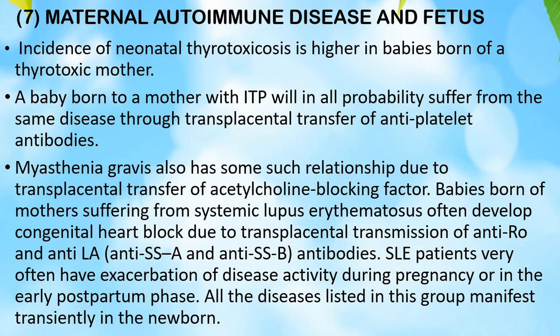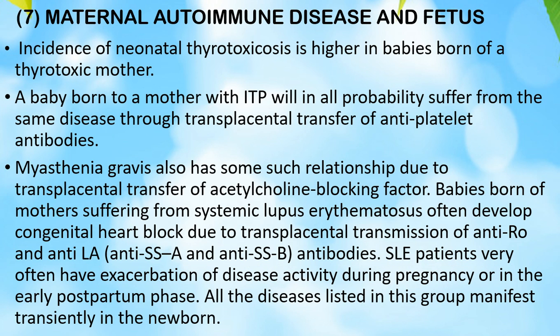Next, myasthenia gravis also has a similar relationship due to the transplacental transfer. If the mother has myasthenia gravis, it can also be transferred to the fetus through the transfer of acetylcholine blocking factor.